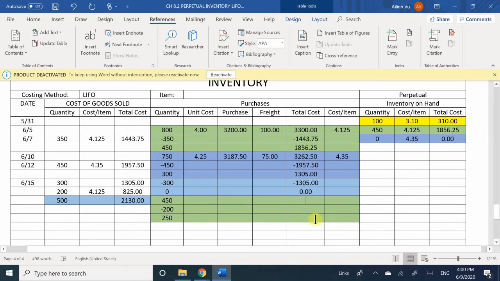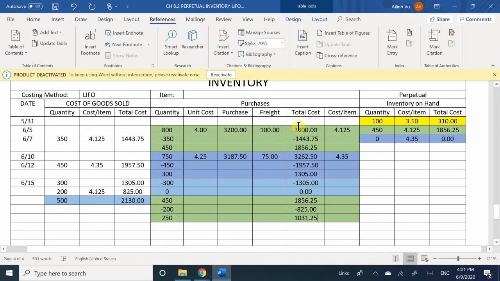Okay, so here we have 1856.25. And here we're going to subtract 825. So we're going to get how much left? $1,031.25. So 1031.25, is that correct?